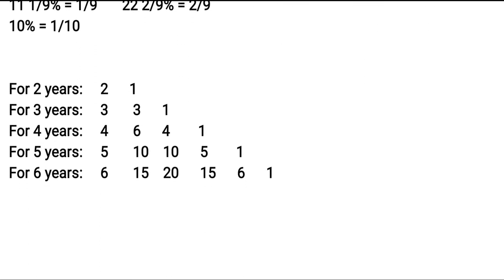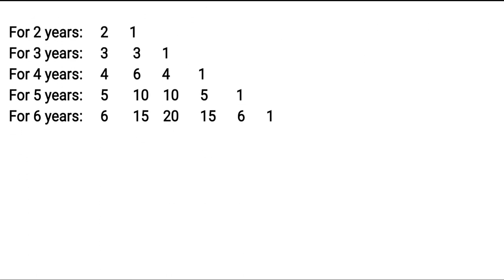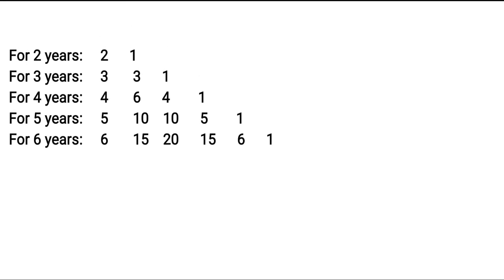Now the second thing related to this very video: whenever you have to find compound interest, you should know these numbers on your screen. If you have to find the compound interest for 2 years, you should know this 2 and 1. If you are asked for 3 years, you should know this number 3 3 1.